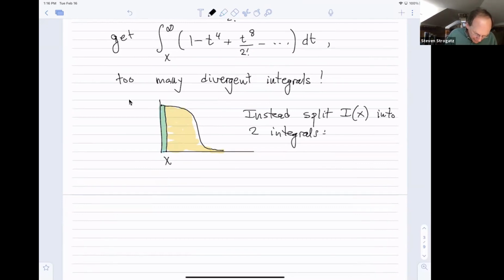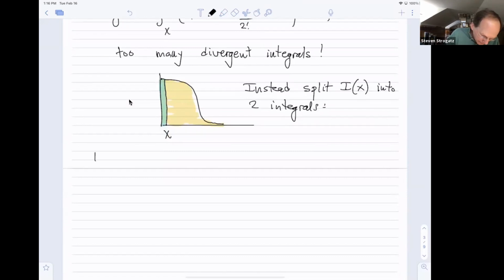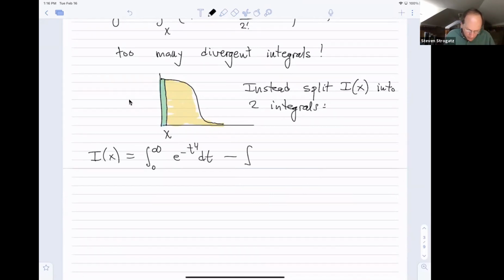That is, we'll write I of x as the integral from 0 to infinity of e to the minus t to the fourth dt, minus the integral from 0 to x of e to the minus t to the fourth dt.